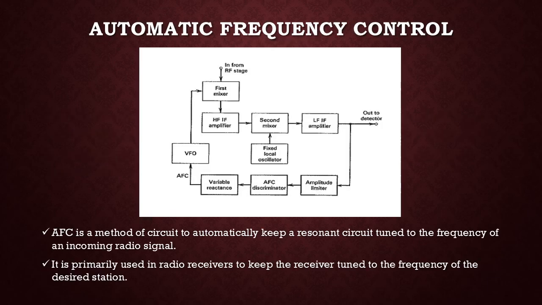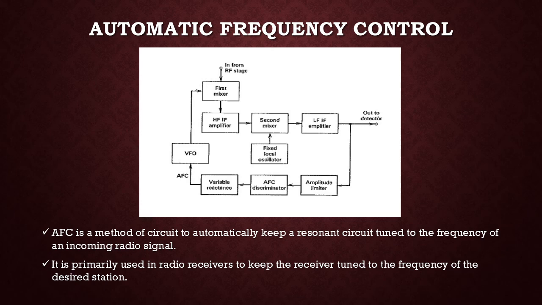Now, the next part is automatic frequency control. AFC is a method or circuit to automatically keep a resonant circuit tuned to the frequency of an incoming radio signal. It is primarily used in radio receivers to keep the receiver tuned to the frequency of the desired station.